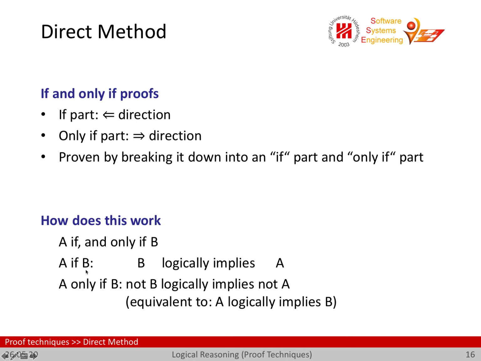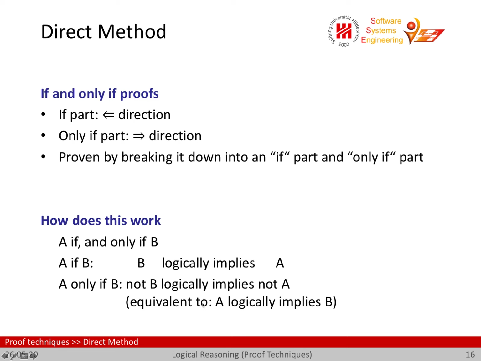So we basically show for A if B that B logically implies A, and for A only if B that not B logically implies not A. Meaning if we negate B, then we can imply that A is also not true.